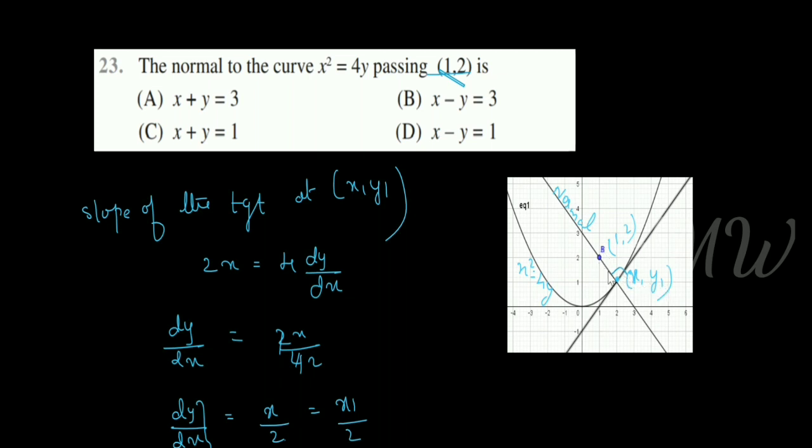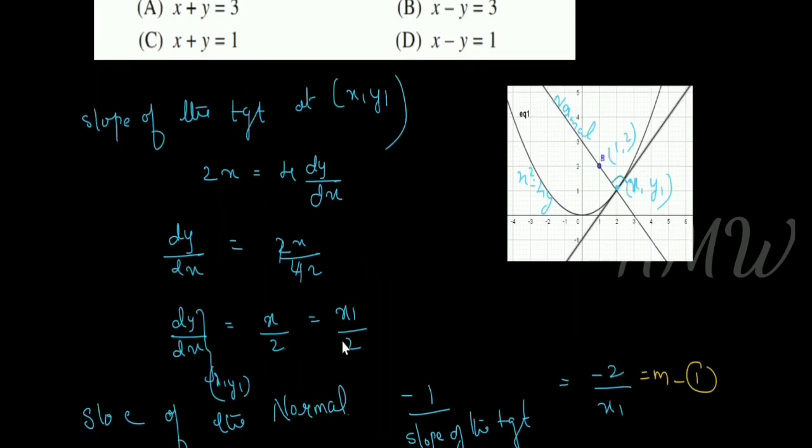So you know that these two lines are perpendicular. Let us find the slope of the tangent as usual. 2x = 4 dy/dx, so dy/dx = 2x/4, that means x/2.